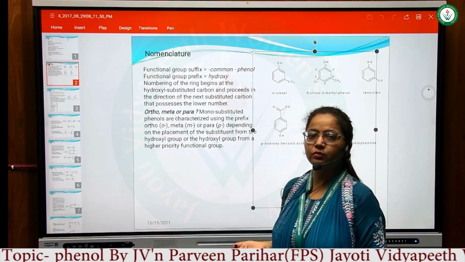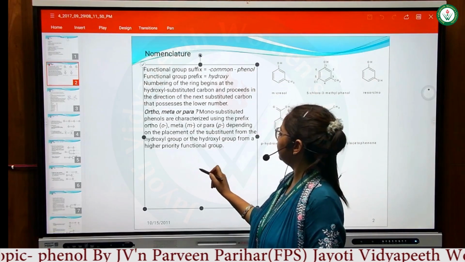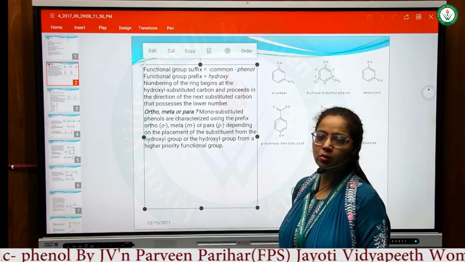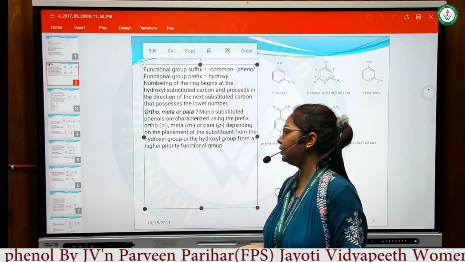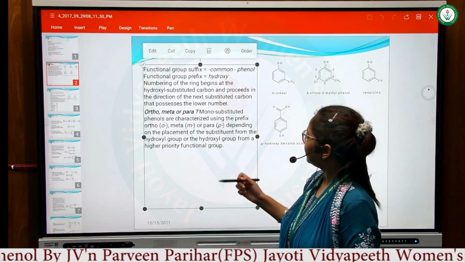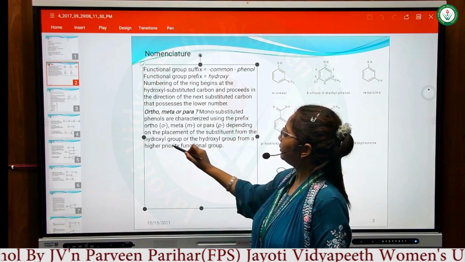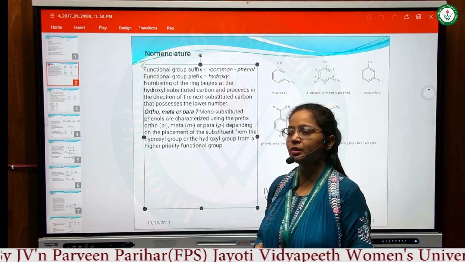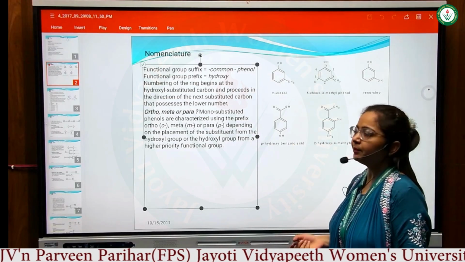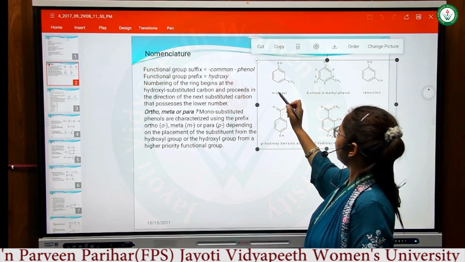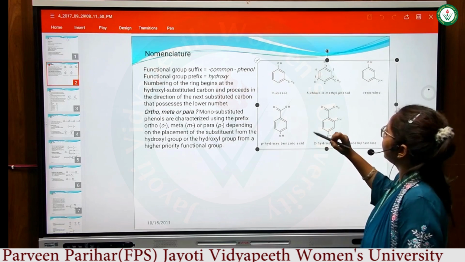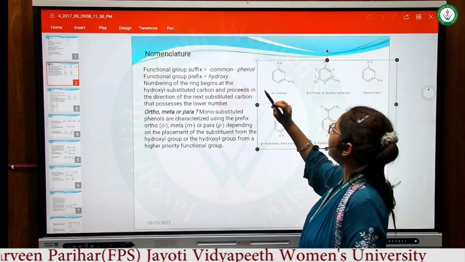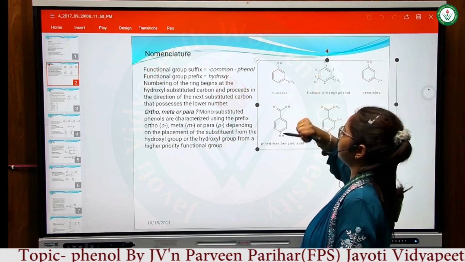The priority is given from the hydroxyl group, which is the higher priority functional group in phenols. For example, we can see here meta-cresol, in which the methyl group is on the meta position of the hydroxyl group.